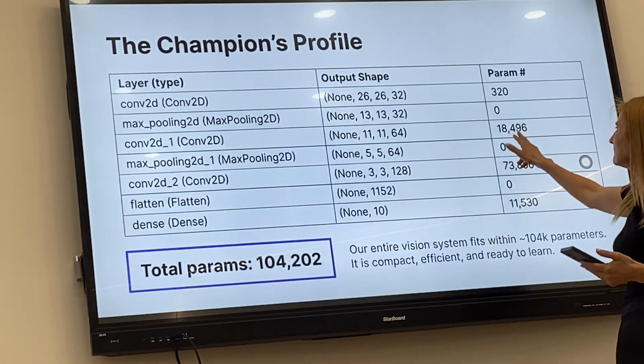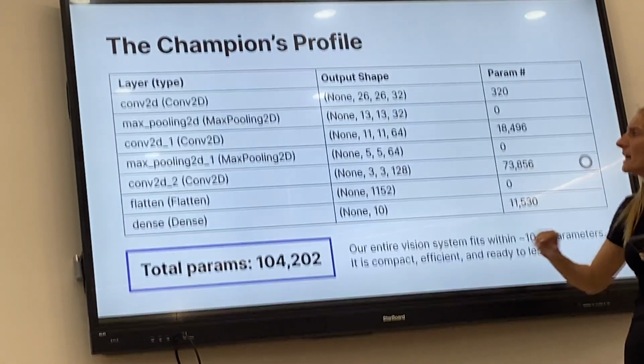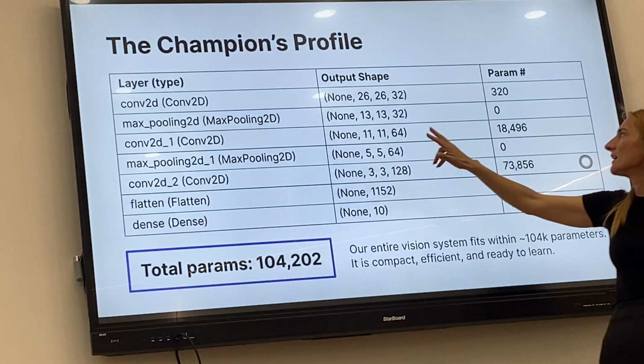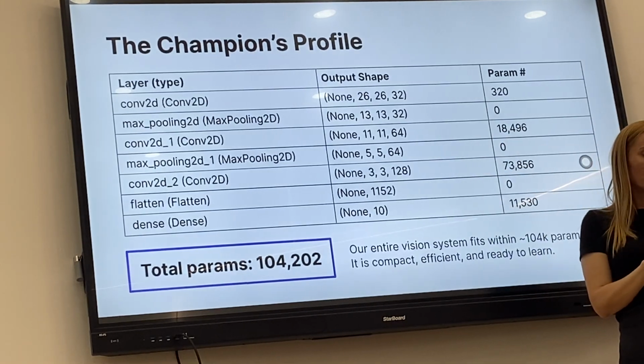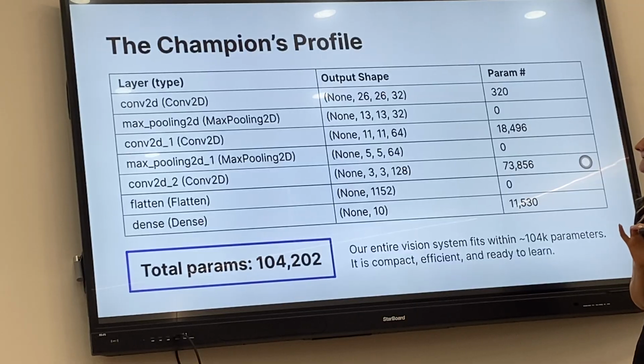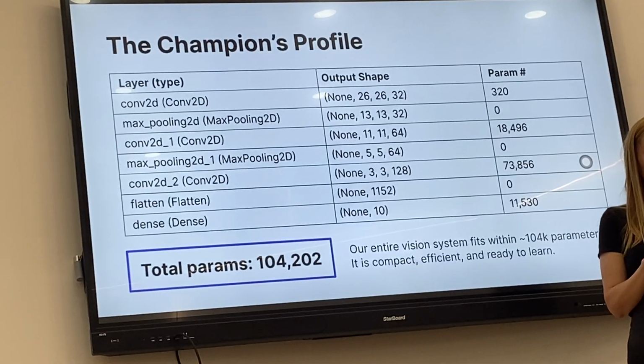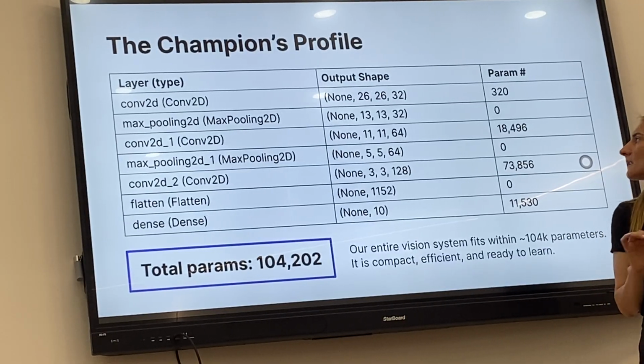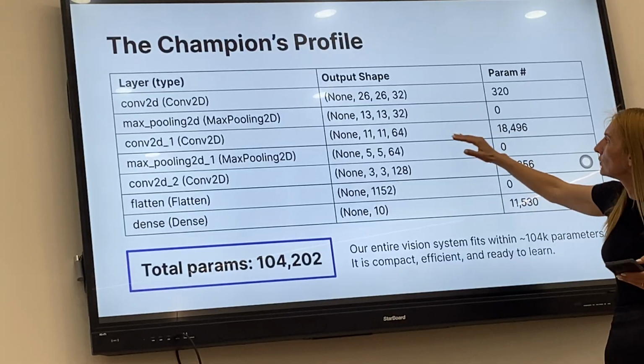So now let's calculate the second one and see why we get 18,000. Can you calculate the second convolutional layer? We have 64 filters, multiplied by 3, multiplied by 3.